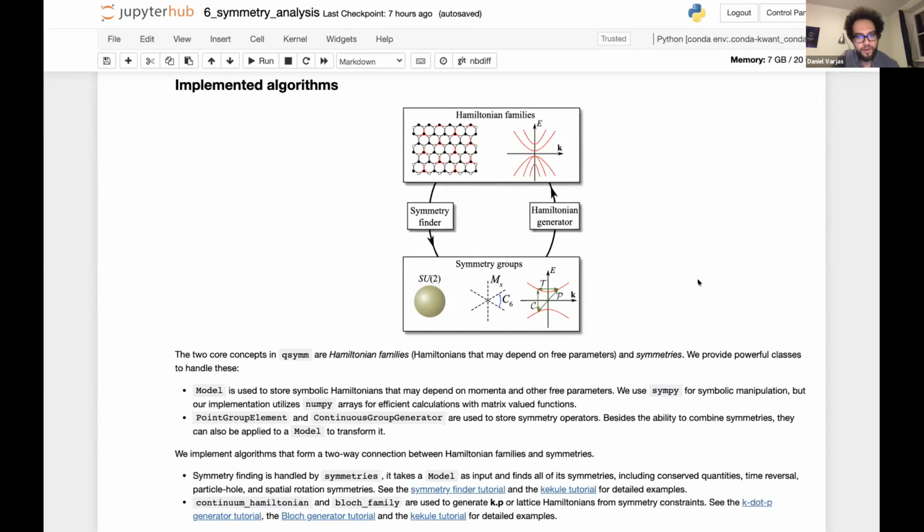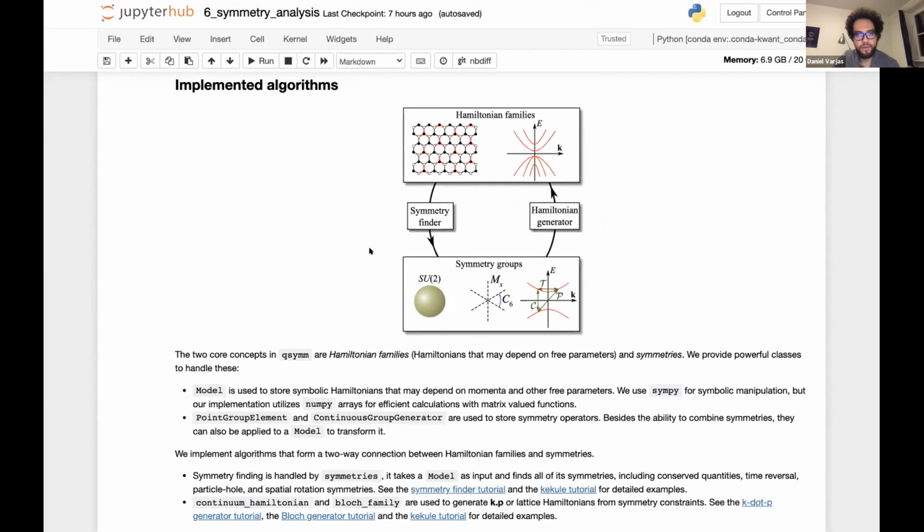So there are two core concepts in QSymm. One is Hamiltonian families, which you can think of as a Hamiltonian that depends on some free parameters. So for example, the bandwidth or the mass of the electron or the hopping parameters. And so we have the model class in QSymm that can store these symbolic representations of the Hamiltonian, and it works for continuum or k.p Hamiltonians or lattice Hamiltonians.